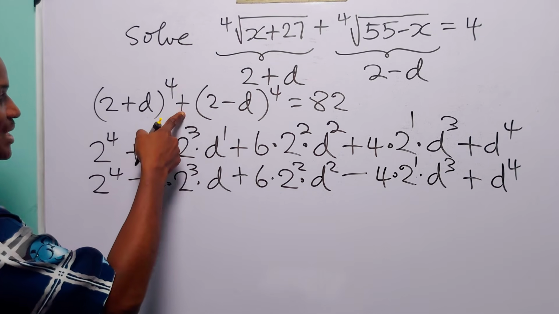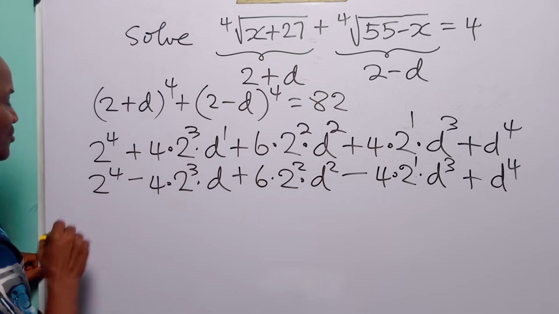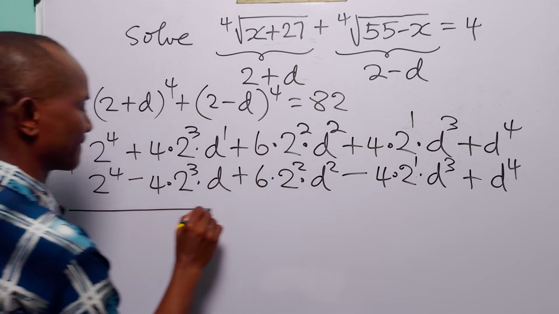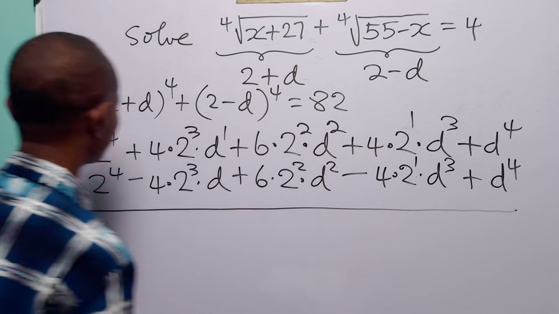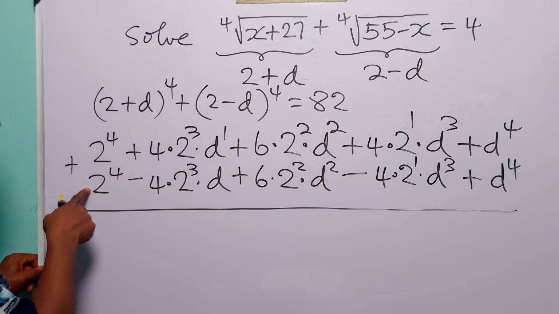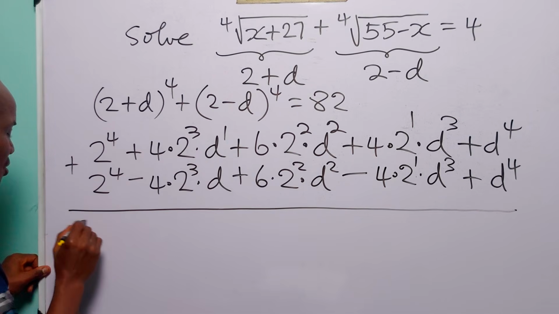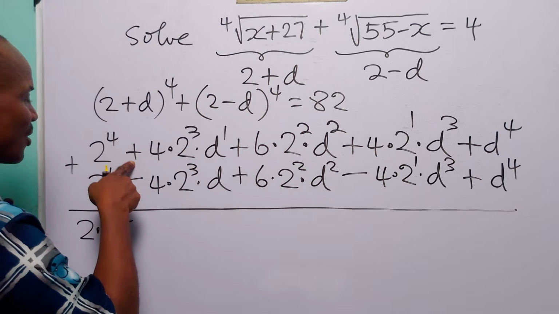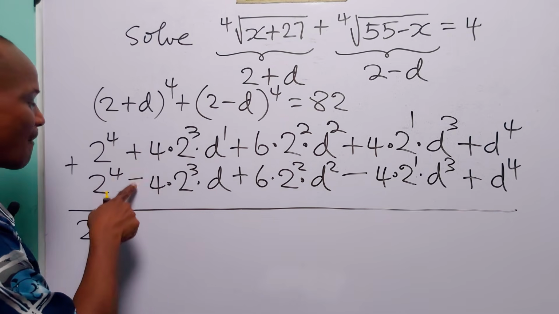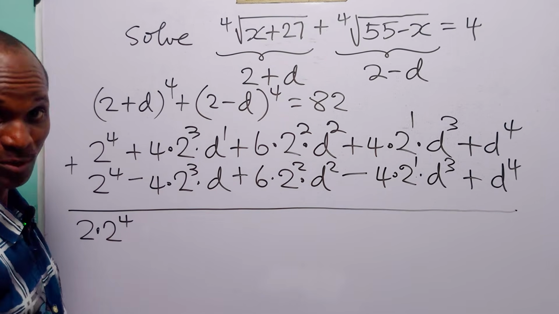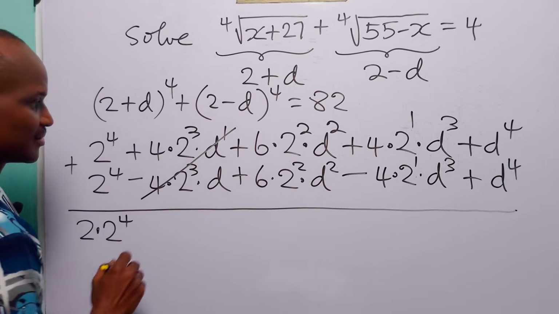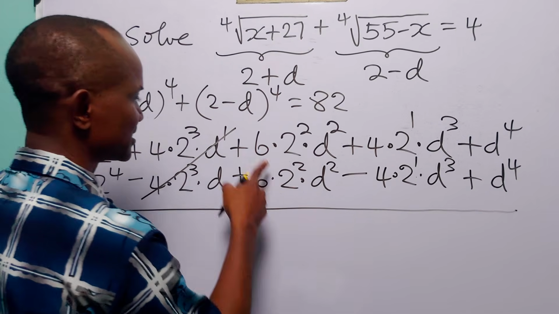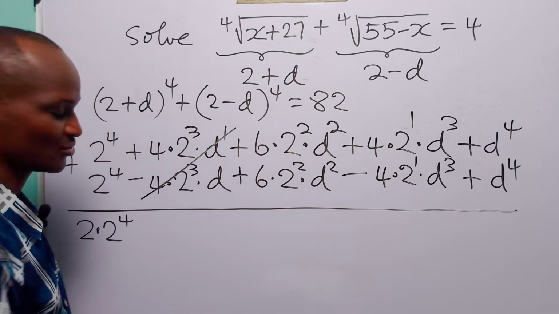Now you know that we need to add these two expansions. We have 2 of this, so 2 times 2 to the power 4. Now plus this minus the same thing is equal to 0, so this will cancel. We have 2 of this. 6 plus 6 is equal to 12.